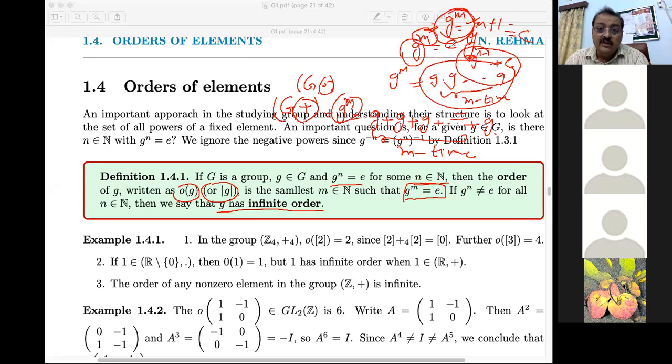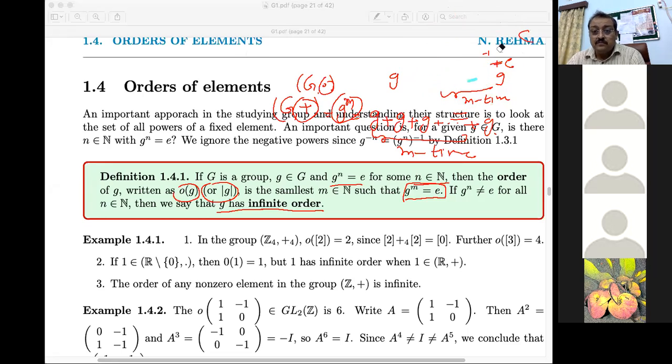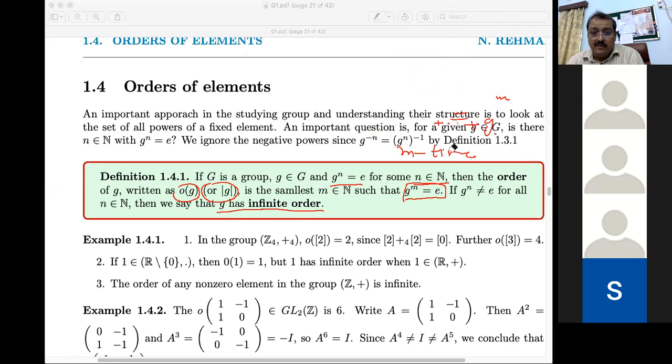So we can say that it is the smallest positive integer, a natural number, whatever you call it, such that g to the power m gives the identity element. We say that this is the order of the element, and generally I denote it using the notation O(g), while the order of a group is denoted by the mod of G notation.